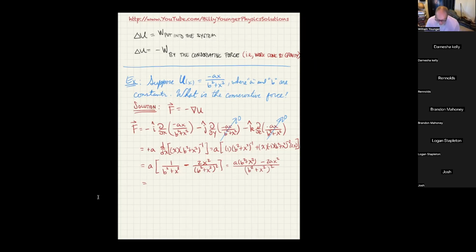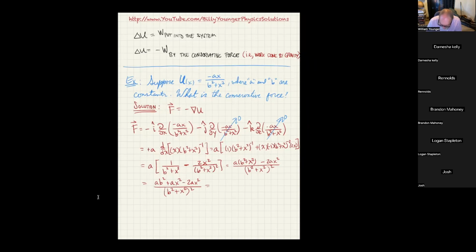When you combine these, you can see that I'm going to get ab squared plus ax squared minus 2ax squared. All that's going to be over b squared plus x squared to the 2 power, which I can now write as, notice the ax squared minus 2ax squared is negative x squared.